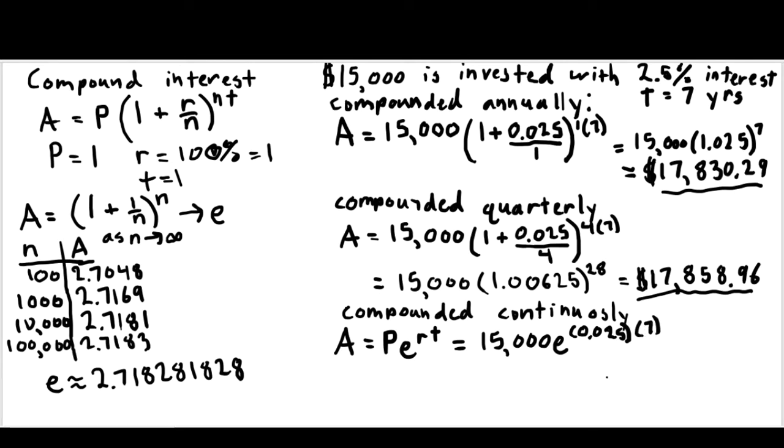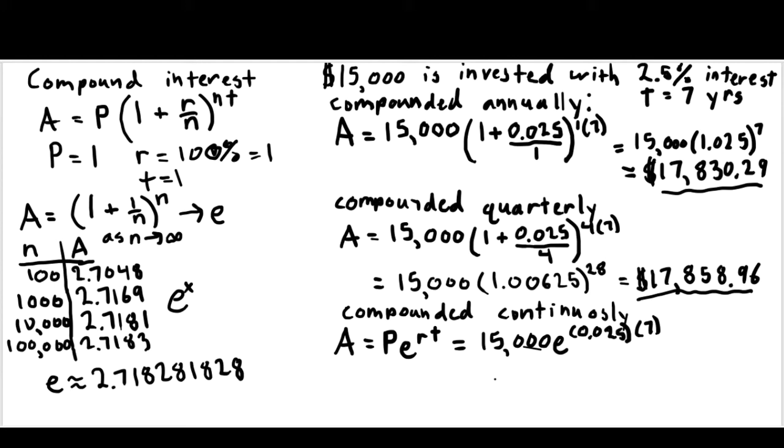Because e is used so extensively in mathematical applications, pretty much every scientific calculator has a button specifically for evaluating exponentials with a base of e. It'll probably look like e raised to the power of x. That's the button you'd want to use to evaluate something like this.